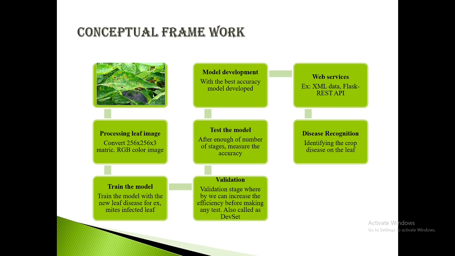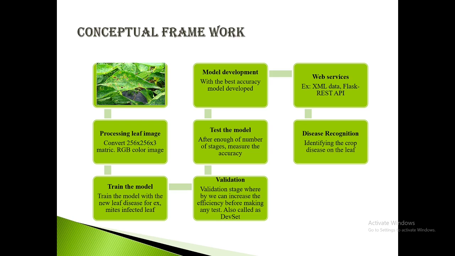First, we take the image input, then process that image. We convert the image into a matrix of 256 by 256 by 3. The last 3 describes the RGB color of the image. Next, we train the model with the new leaf disease, for example, a mite-infected leaf.